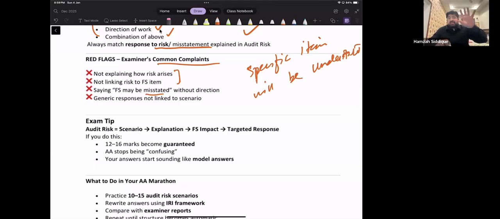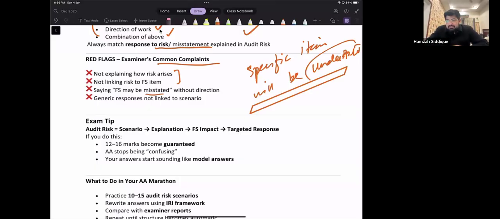You can tell, for example, based on information. If you write that inventory may be misstated, it will be a blunder, because you can tell it may be understated. Chances of understatement are there. You cannot generalize it. Remember that.